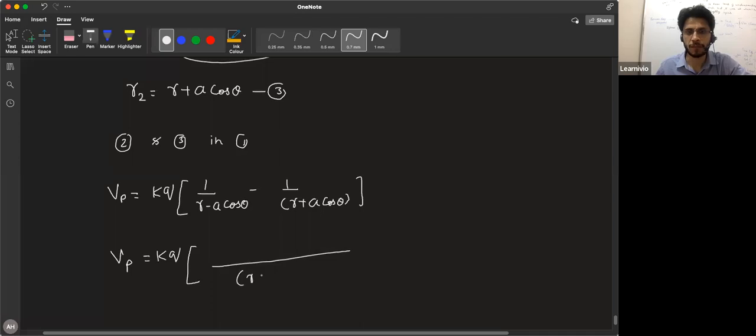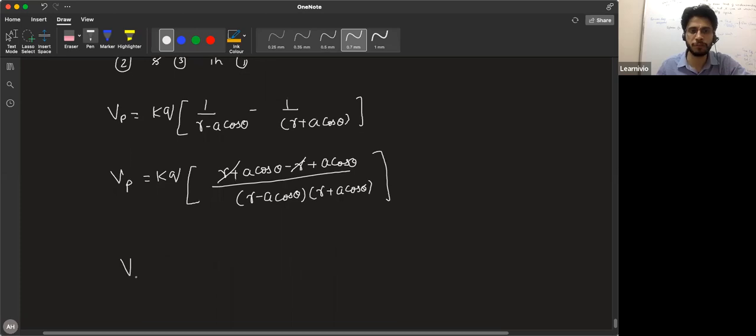We can take R minus A cos theta and R plus A cos theta as common. So we have R plus A cos theta minus R minus A cos theta. So this R will cancel this R. So potential at P is KQ times 2A cos theta over R square minus A square cos square theta.